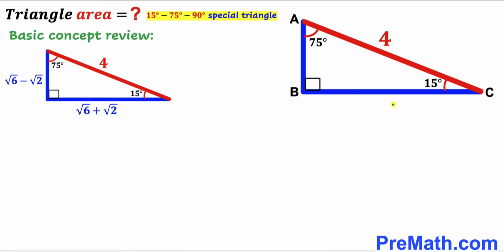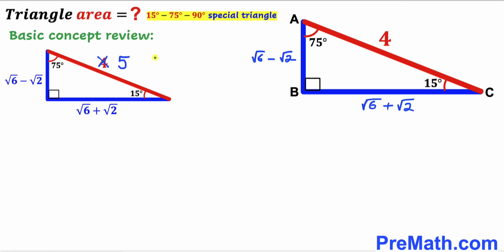So we conclude that this BC leg turns out to be square root of 6 plus square root of 2, whereas this AB leg is going to be square root of 6 minus square root of 2. Now you might be wondering, if this hypotenuse is 5 instead of 4, then how are we going to compute these two legs?